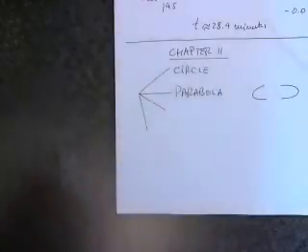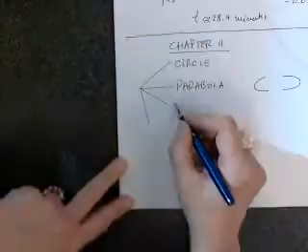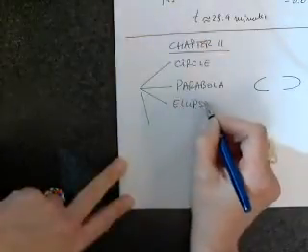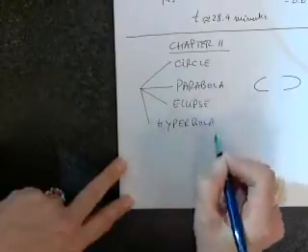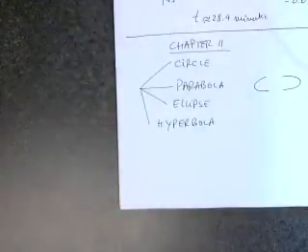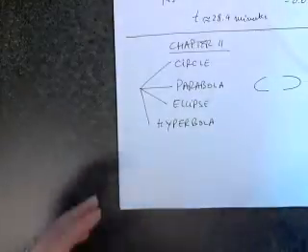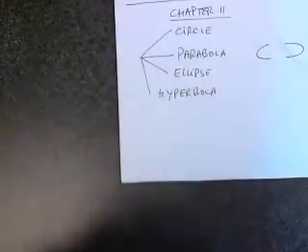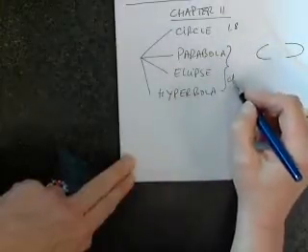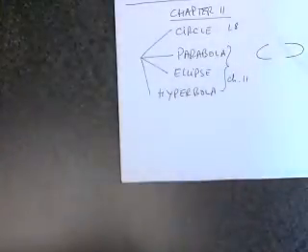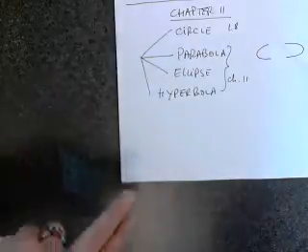They have some similarities, however. Then ellipse and hyperbola. Okay, let's start with the circle. The circle is in chapter 1, so this is 1.8. This is chapter 11. So we start with the circle.